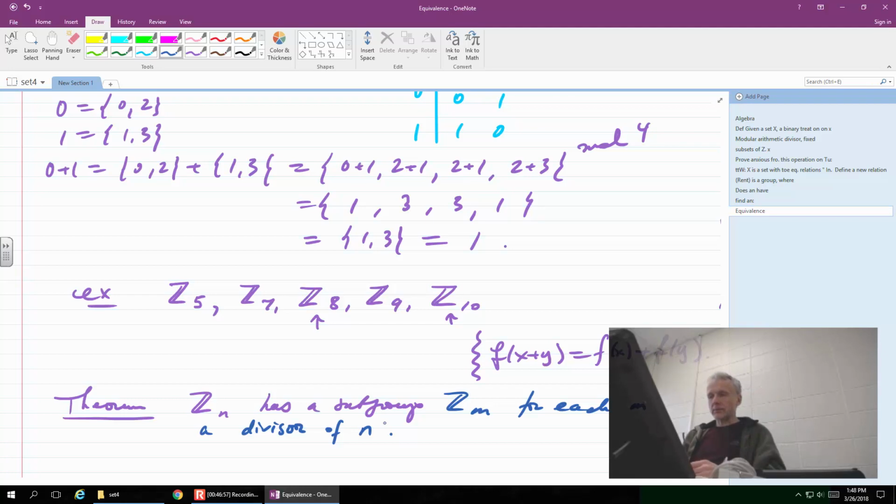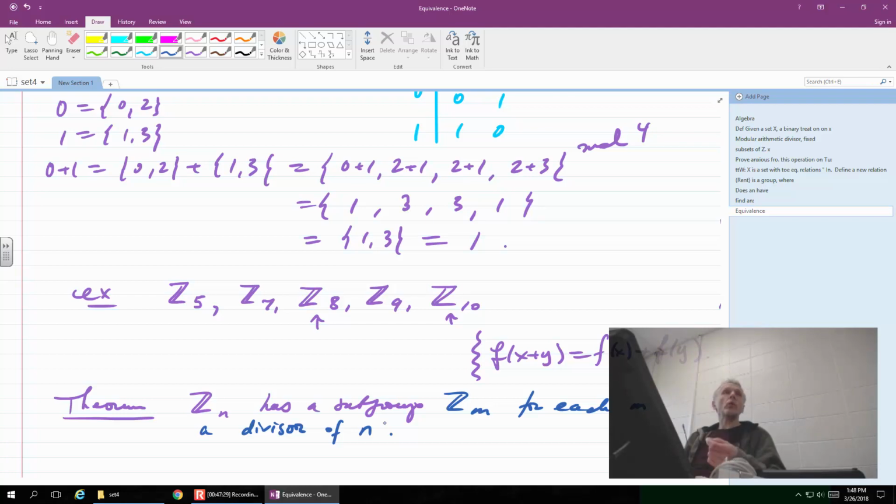I wonder if you want to add anything to this theorem. Unique divisor? You mean a unique subgroup? That would be an interesting question indeed, and it is true, but what unique subgroup means is more or less clear.